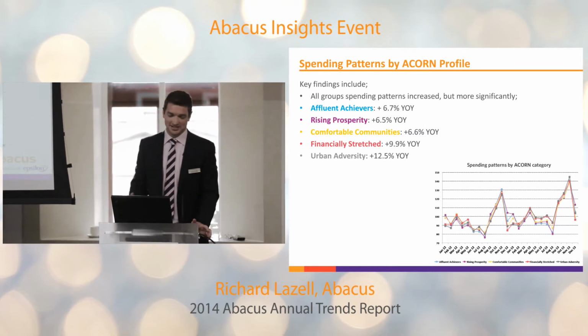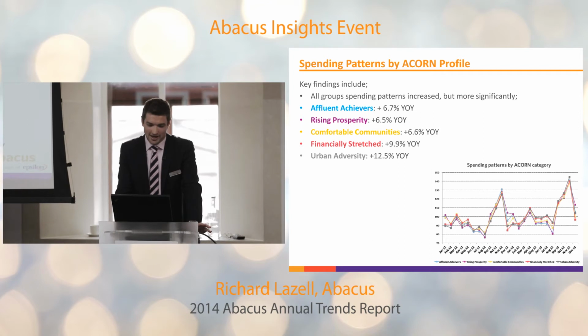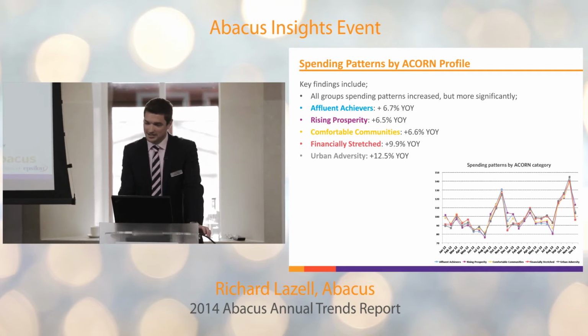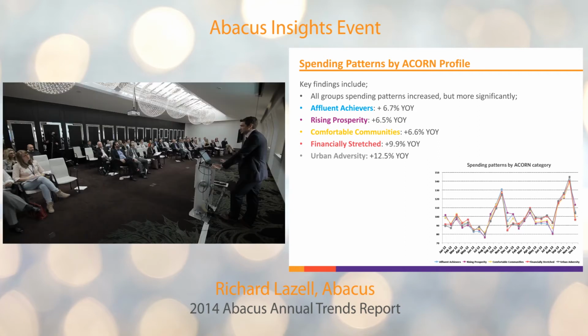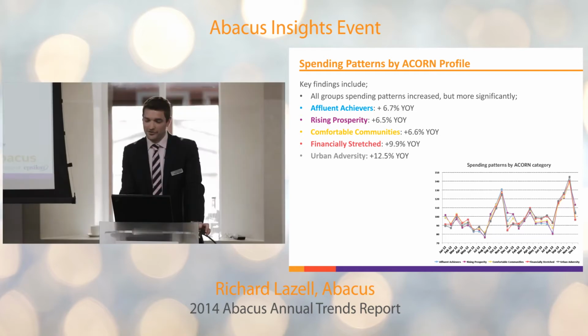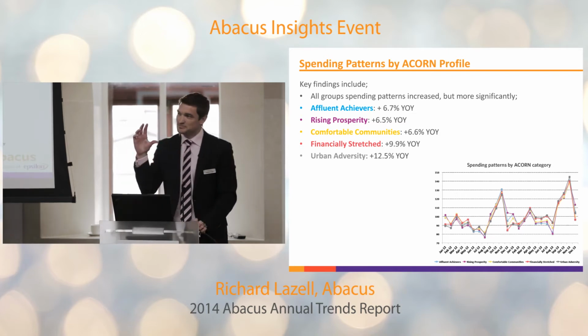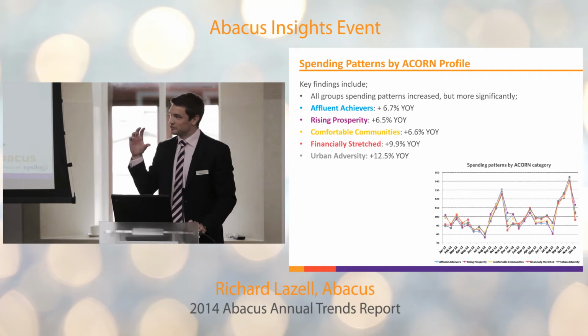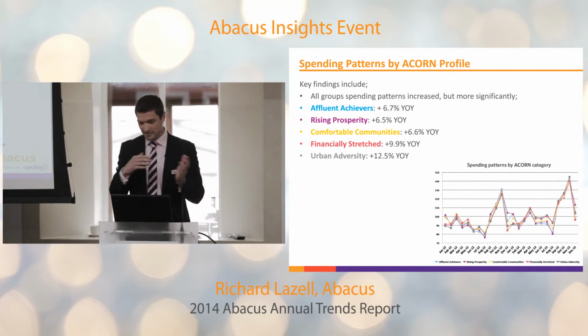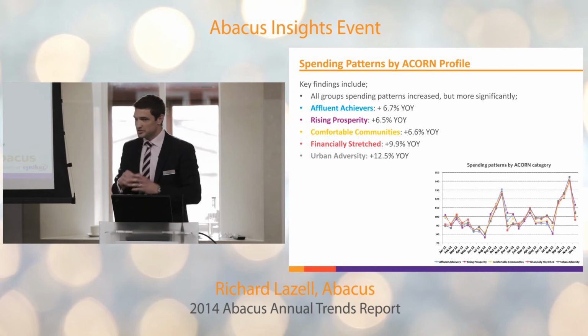His analogy was, if you're in the affluent achievers category and you spent 50 grand on a Porsche in 2012, you'd be quite happy to spend 50 grand on your Porsche in 2013. But if you're in urban adversity and you spent £5 on sausage rolls in 2012, you'd be quite happy to spend £10 on those sausage rolls in 2013. So the relative change is much bigger within that consumer group. Maybe they're affected by the press a little bit more, but certainly they change their spending patterns for that year.